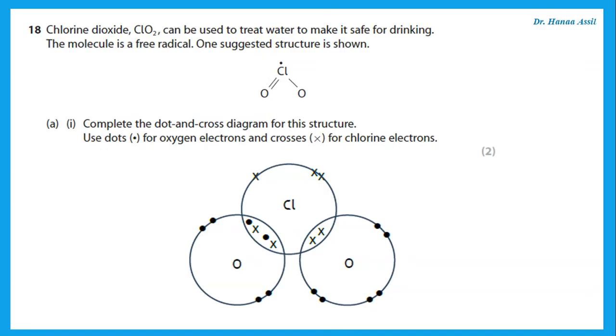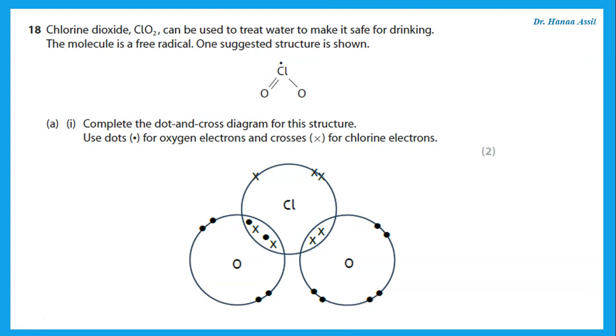We give it to the oxygen, so that is actually a dative bond, so that the oxygen will have a total of 8 electrons. Remember, oxygen needs 2 electrons. So in this case, it's a single bond. Normally oxygen would make 2 bonds, but if it's a single bond, then that means it's a dative bond from the chlorine.